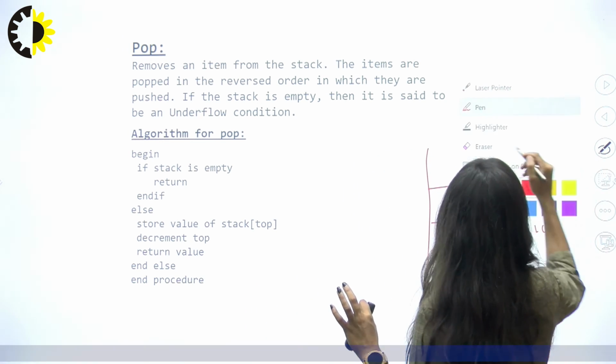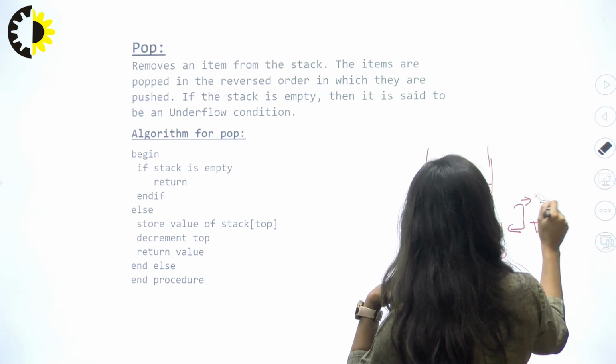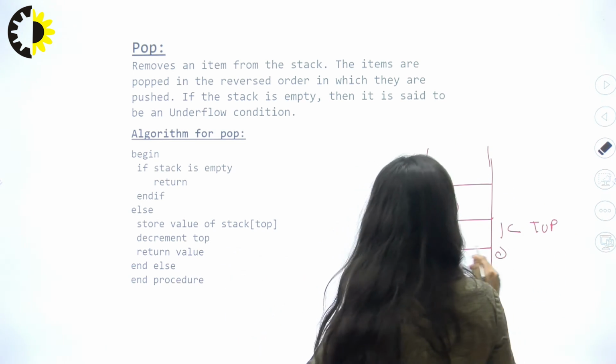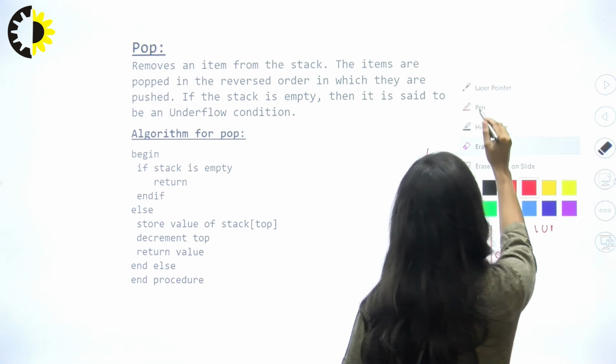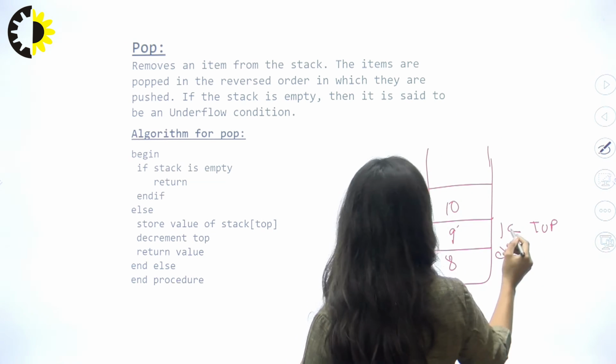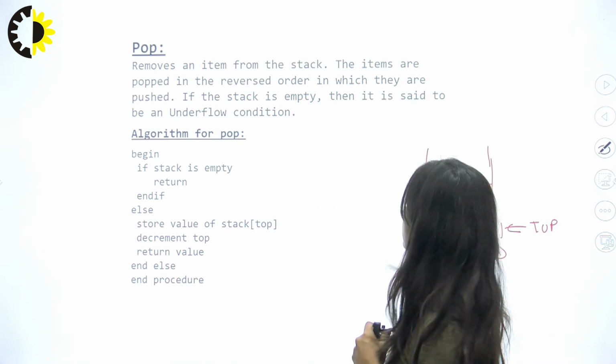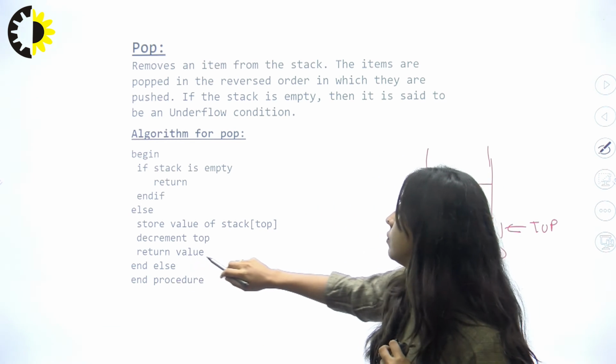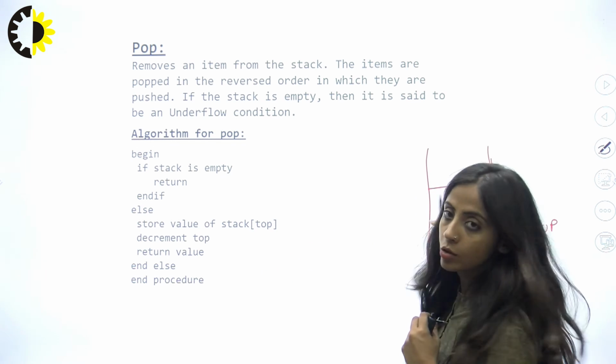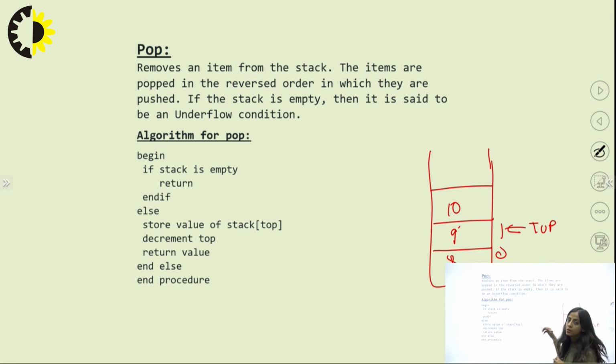So my new top is 1. Now this is my new top. And then what will I do? I will delete or remove the value present at the previous top. So store value of stack top, decrement top, and return value. End else. The else block will end here, and then this complete procedure will end at this step.